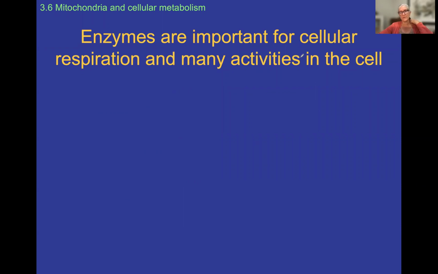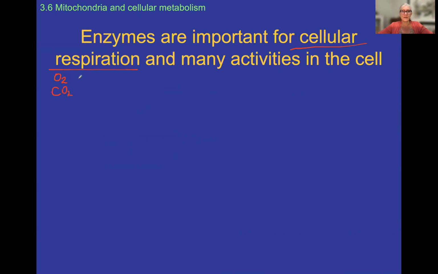So what are they important for? A process called cellular respiration. We know that inside the mitochondria are enzymes that help cells to do respiration. You think respiration, you think breathing, you think oxygen. So in fact, oxygen is going to be used and CO2 is going to be produced. And that happens in the mitochondria.